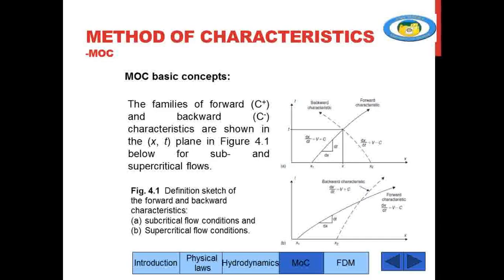But in case of supercritical flow, since the wave is traversing only downstream, at a given point where those two characteristic lines are merging, the possibility for a wave from downstream to influence an upstream point in a flow which is propagating downstream is nil.